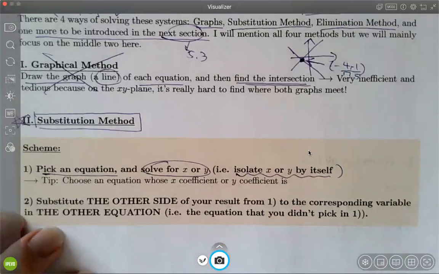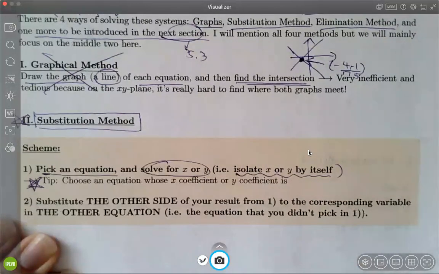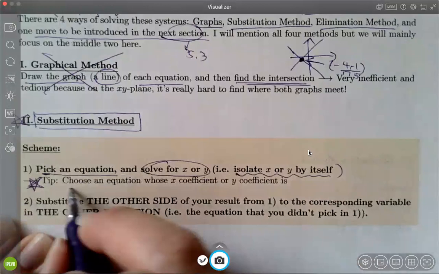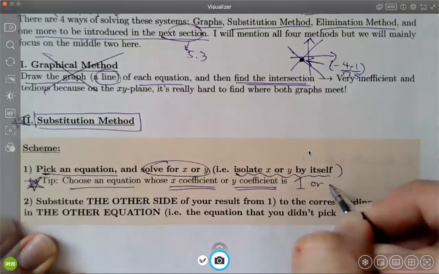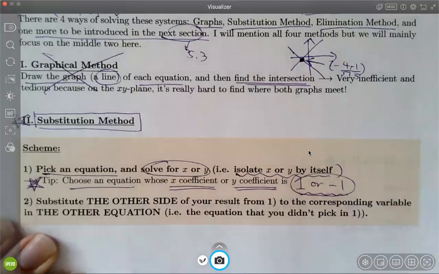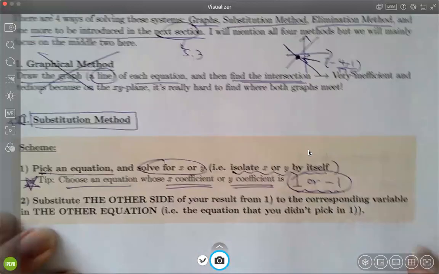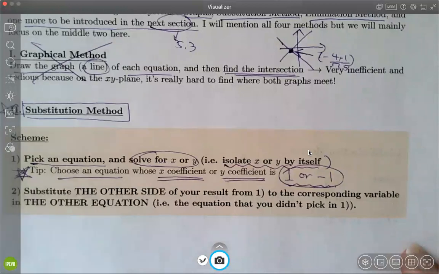Here is my suggestion: choose an equation where the x coefficient or y coefficient is 1 or -1. The thing is, this scheme works for any system even when the x or y coefficient is not equal to 1 or -1. But to make your lives a little bit simpler, that's my suggestion.